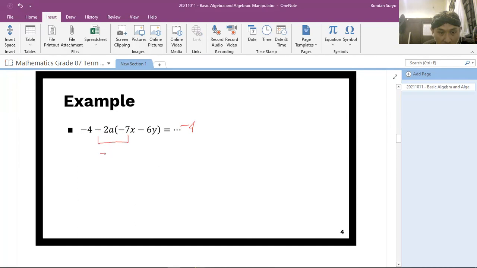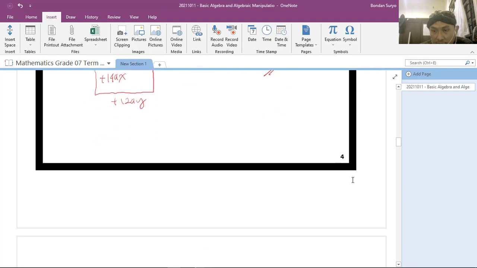Negative times negative is positive. 2a times 7x equals 14ax. And the next operation, negative times negative, 2a times 6y equals 12ay. Then we join all together, it becomes plus 14ax plus 12ay. This is the result of the expansion of this expression.